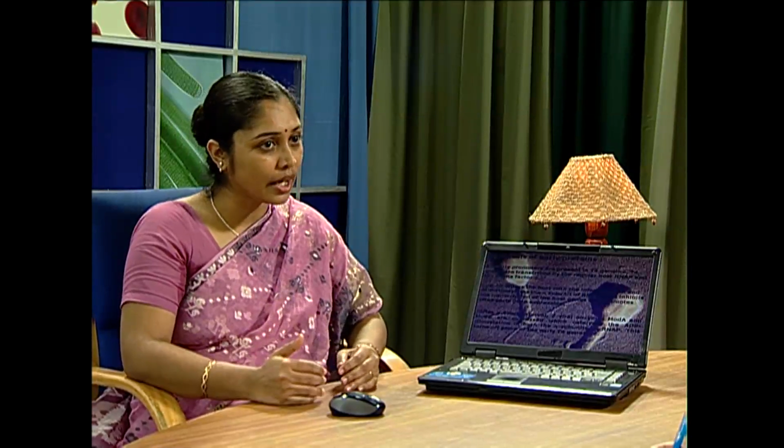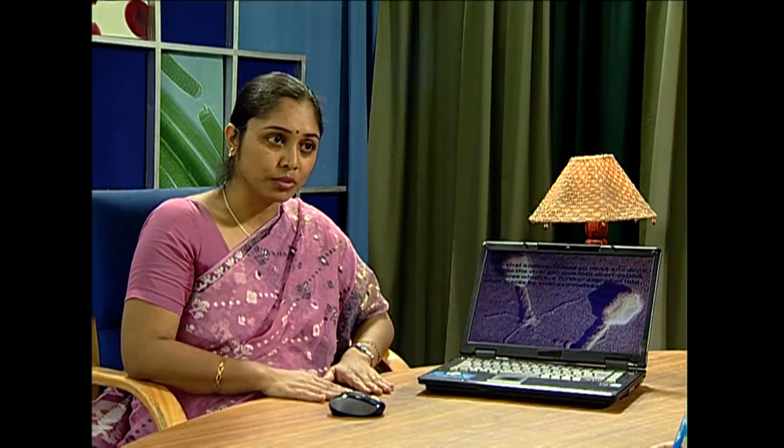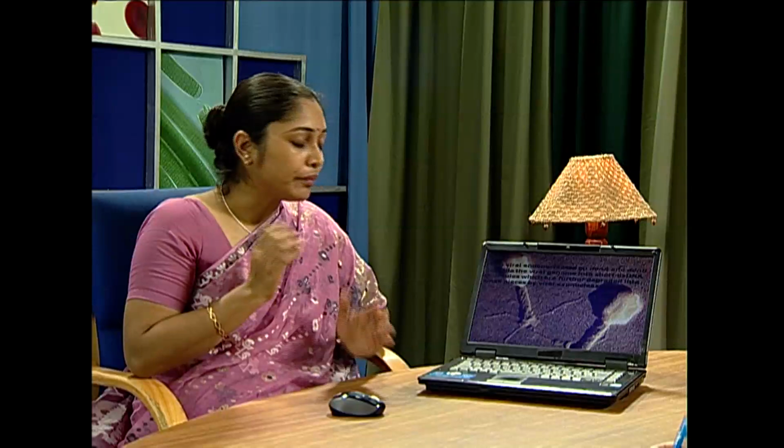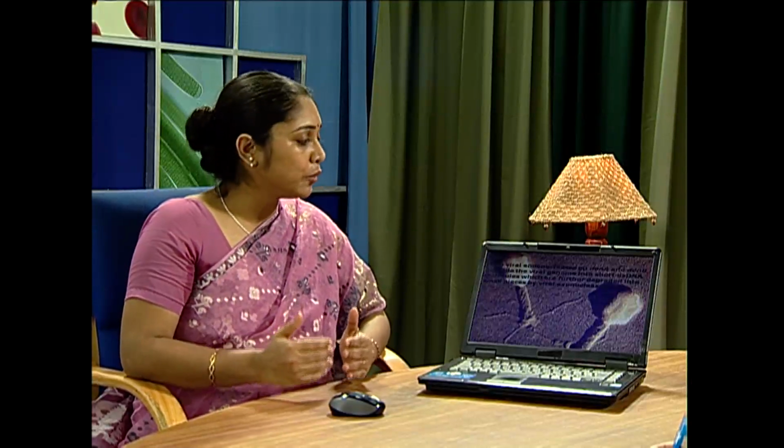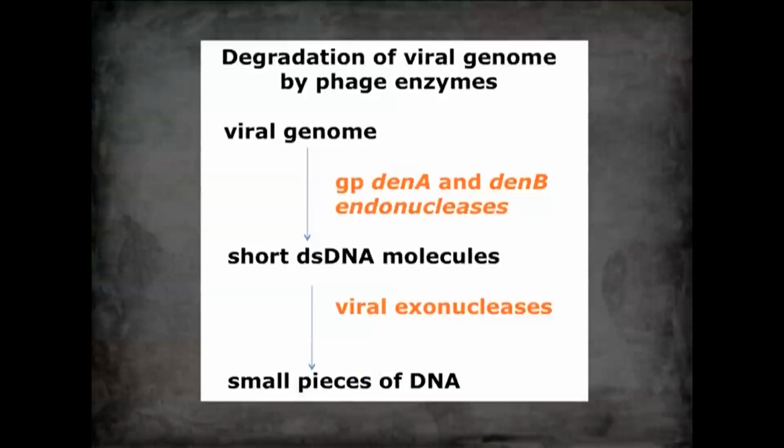And this modified RNA polymerase now enhances transcription of early promoters, and some of the early promoters are stopped also. And among the early proteins, two endonucleases are very important in the T4 life cycle. They are the products of the denA gene and denB gene.